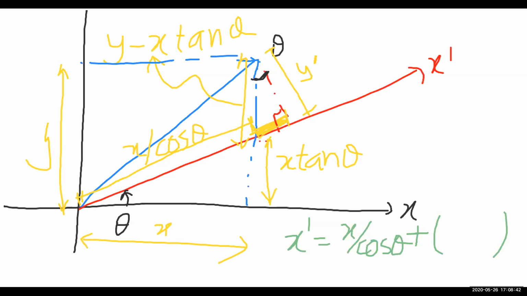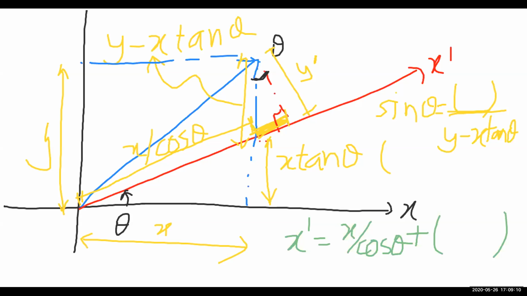What is the length of the solid yellow line? Well, we have sine theta, okay, is equal to the unknown side divided by the hypotenuse, which happens to be y minus x tan theta, right? हाँ, तो अब unknown side कितना हो गया?